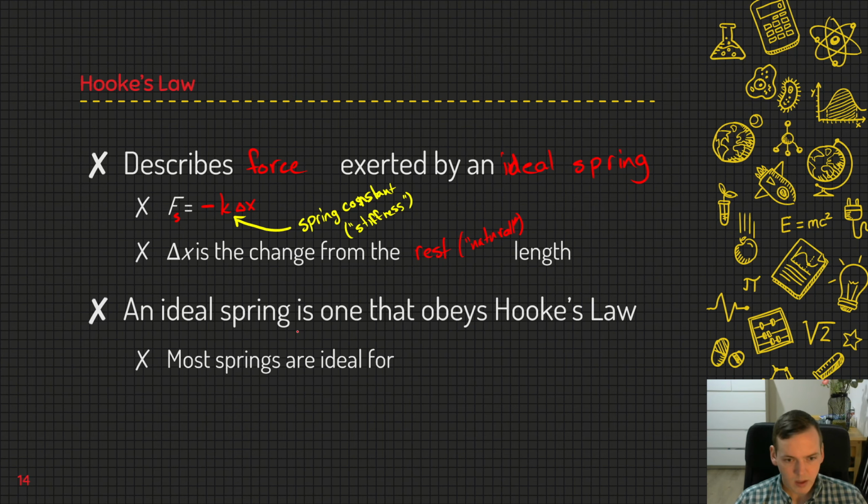So an ideal spring is what was listed up here. And this is a bit of a circular or maybe tautological definition, but we say that an ideal spring is one that actually obeys Hooke's law. So what is an ideal spring? It's something that obeys Hooke's law. What is Hooke's law? It describes an ideal spring.